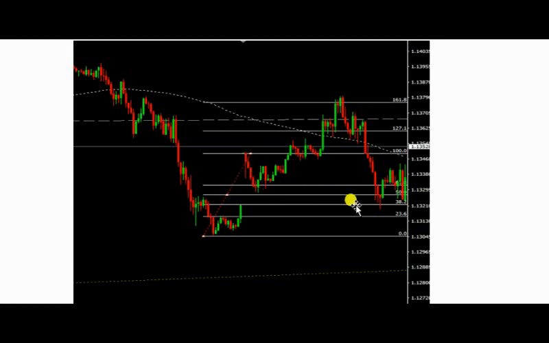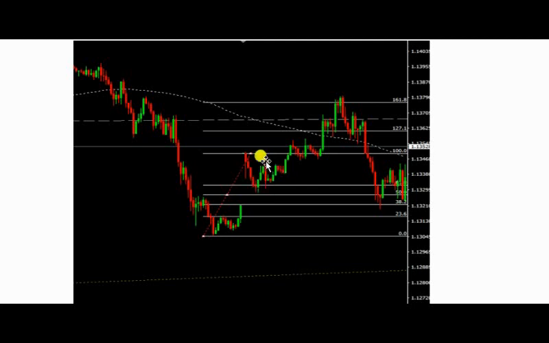And then we see that, all right, price came back to the 38.2 zone, and then came back here. But even before all of that happened, price came back to the same golden ratio. This is the 61.8 zone that it came back to.